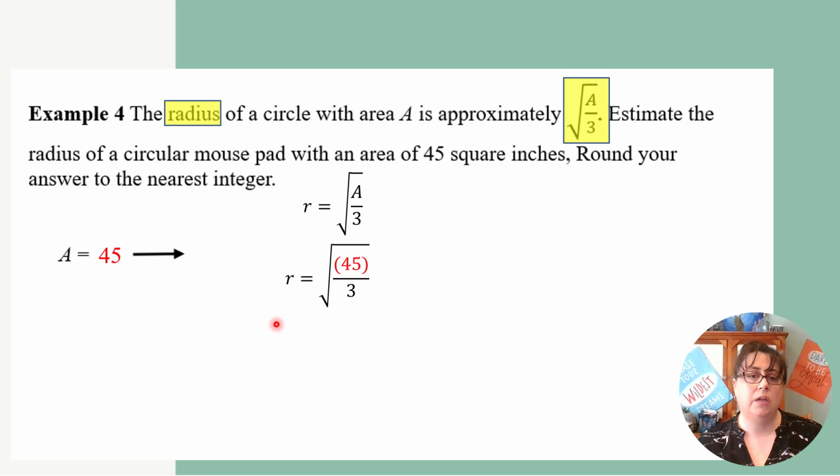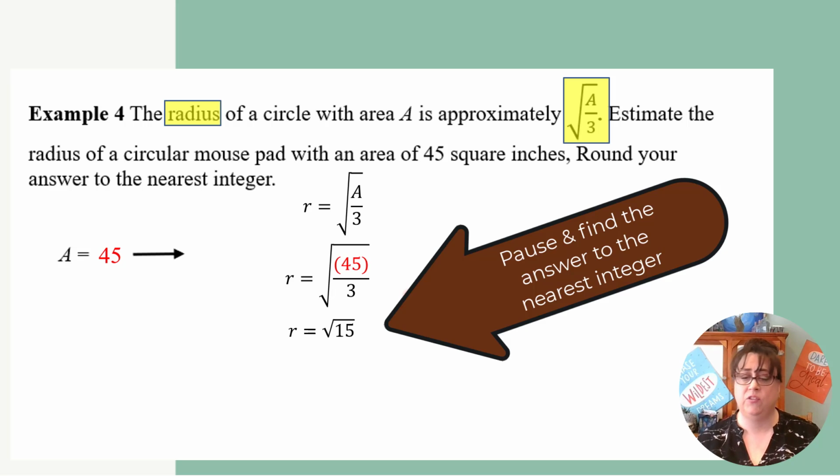And we could split this into the square root of 45 over the square root of 3. But since I can't take the square root of 3, I'm not going to do it that way. I'm going to take the square root of 45 divided by 3 and do my 45 divided by 3 first. And then I get that it's the square root of 15. And remember, this is all about estimating. We're rounding to the nearest integer, we're estimating, we're getting good enough answers.